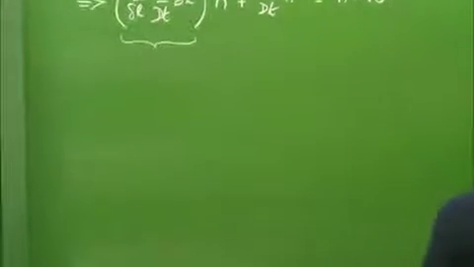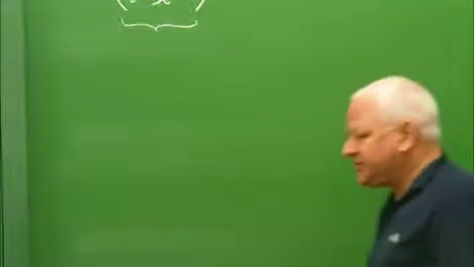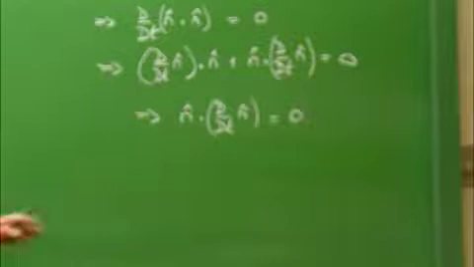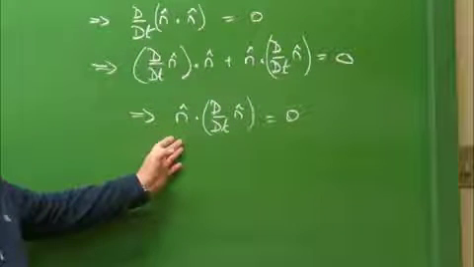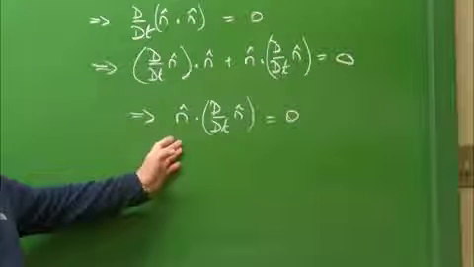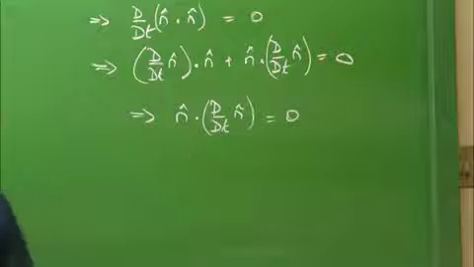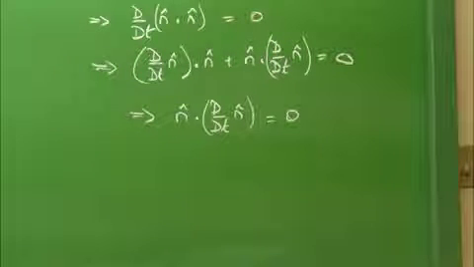And so this gives me twice this quantity is equal to 0, and therefore n hat dotted with d/dt of n hat is naught. In other words, the vector that you get by differentiating n hat is orthogonal to n hat, right? The rate of change of direction is always in the direction perpendicular to the unit vector. So, yes, this is the result I had.